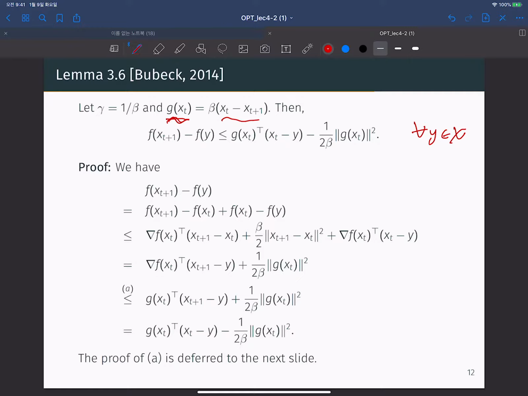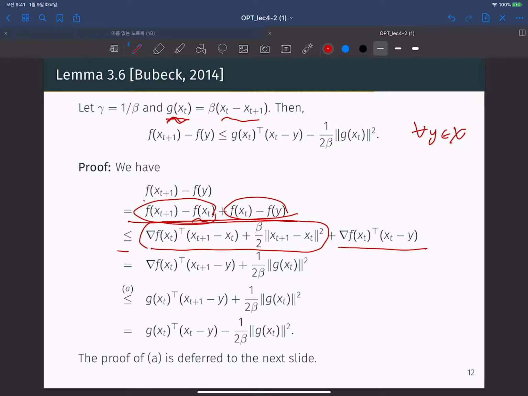Okay, how to show this? We have this equality, we just add f(x_t) and subtract f(x_t), and this inequality comes from the beta smooth property. This one is the beta smooth property, and this part comes from the convexity property.